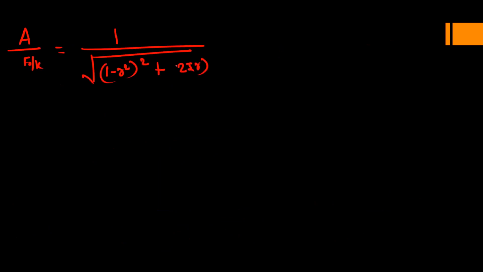So A upon F0 upon K is equal to 1 upon the square root of 1 minus r square bracket square plus 2 zeta r bracket square. Okay, and this F0 upon K is called the static deformation.